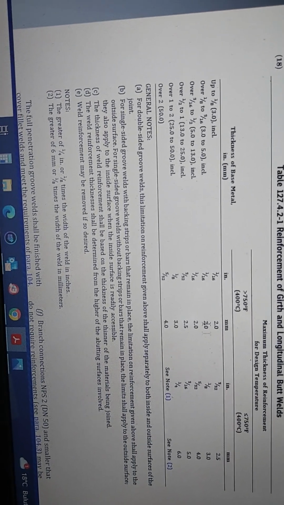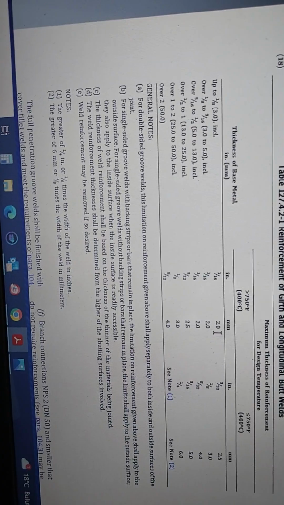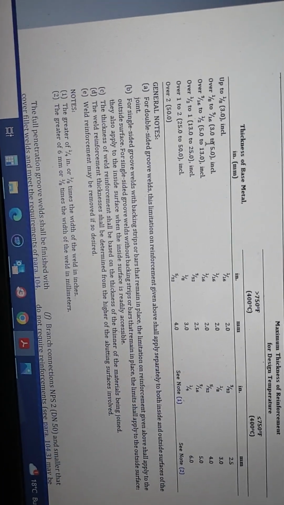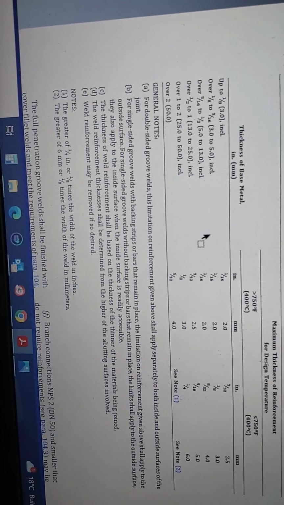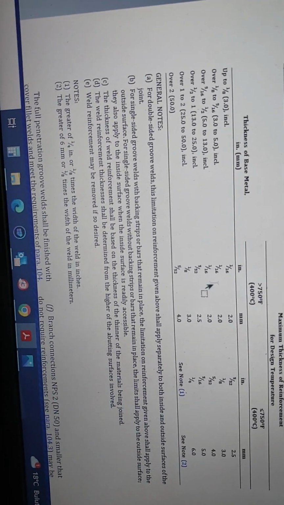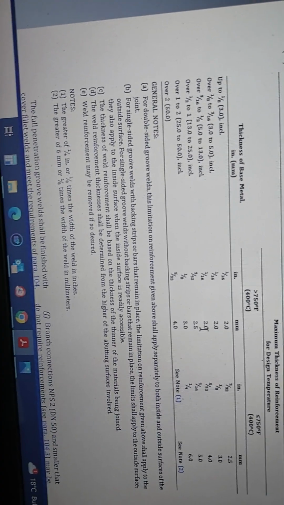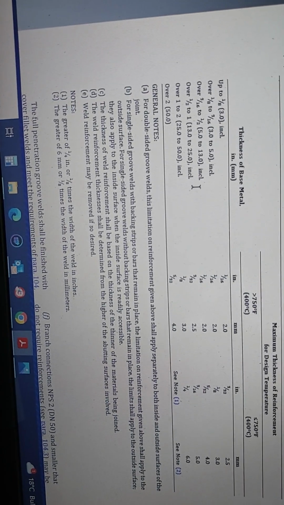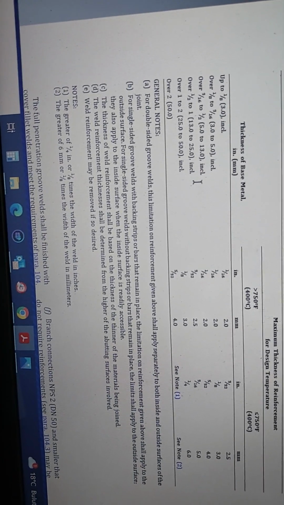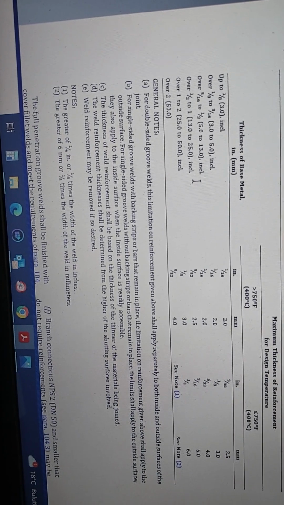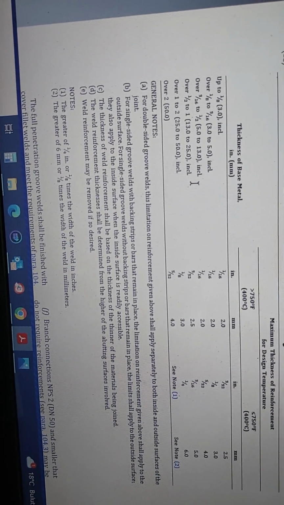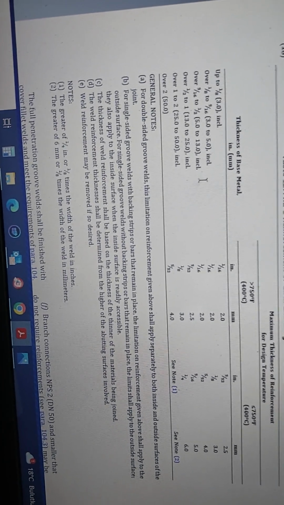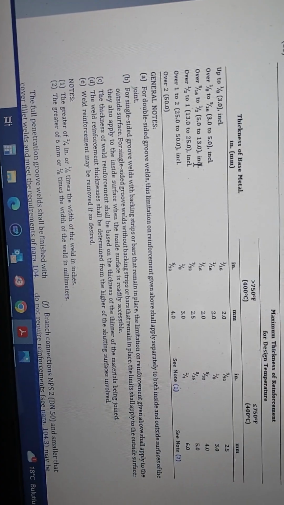For up to 3 millimeter, the reinforcement needs to be a maximum of 2 millimeter. For 3 to 5 millimeter, maximum 2 millimeter again. For 5 to 13 millimeter, these are thicknesses of the base metal.